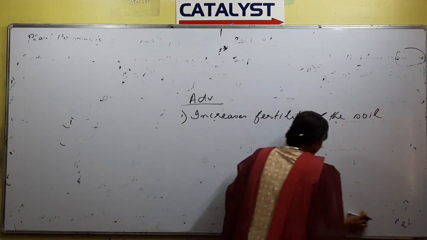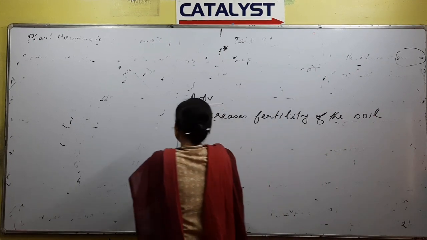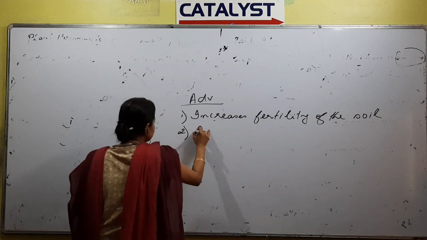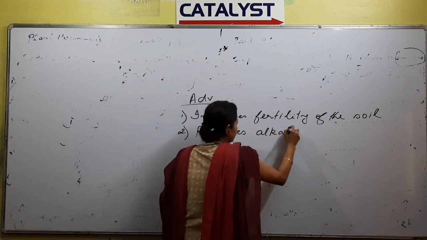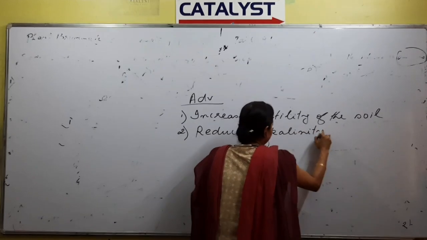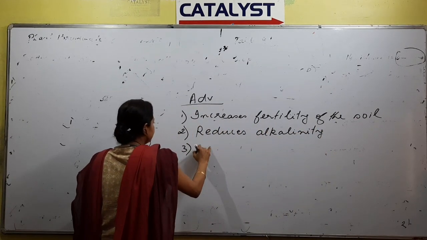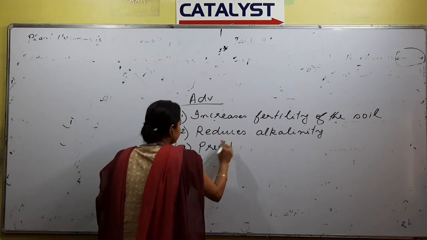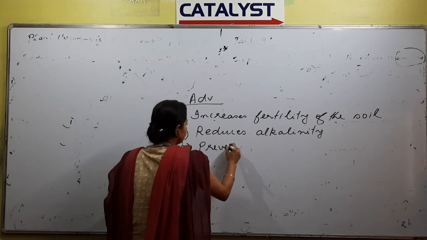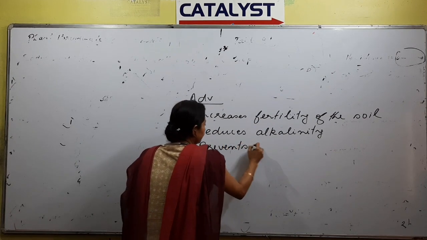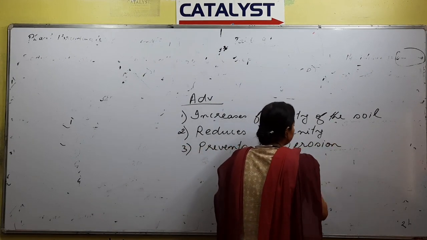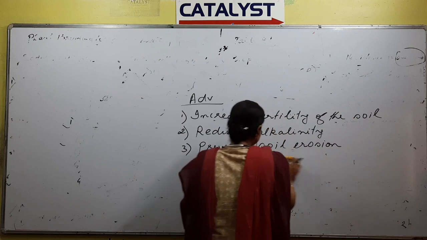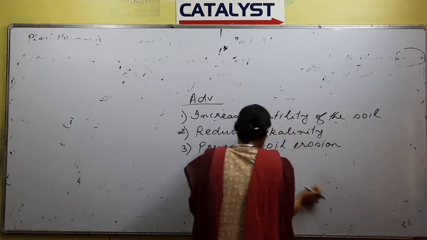Second, it also reduces alkalinity and it also prevents soil erosion. Alkalinity, alkaline hoi thakile plants bilak bhalke grow nokore, right?